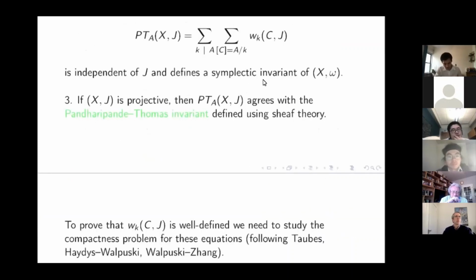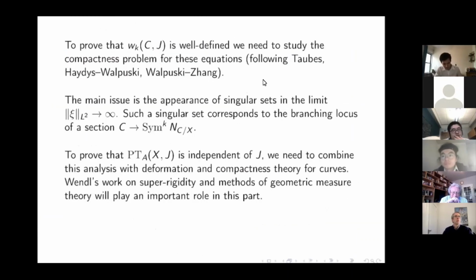So you have to combine the theory for these vortex equations with the compactness and deformation theory for curves. And this is related to this problem of multiple covers. And I expect that similar methods of geometric measure theory to the ones I mentioned earlier will play a role in this discussion.